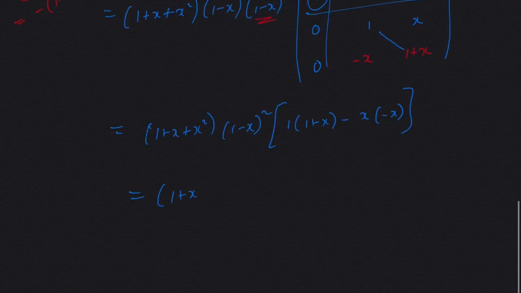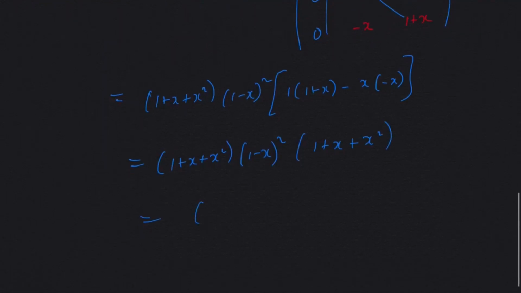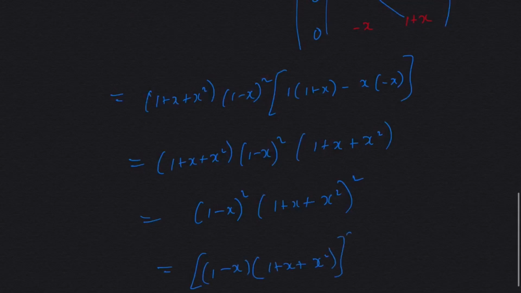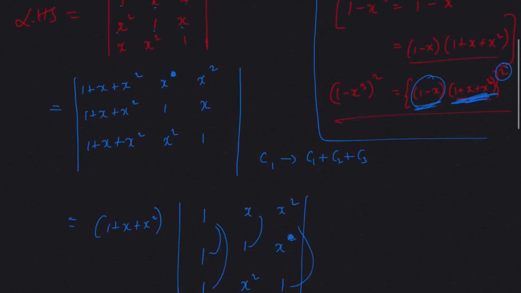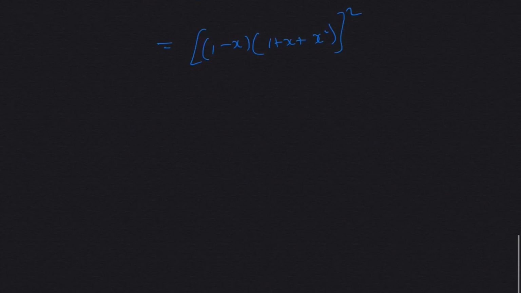So 1 plus x square, 1 minus x whole square, 1 plus x plus x square. So you can see 1 minus x, 1 plus x plus x square whole square. In the beginning I told you that this is nothing but the expansion of 1 minus x cubed the whole square. So this is our right hand side.